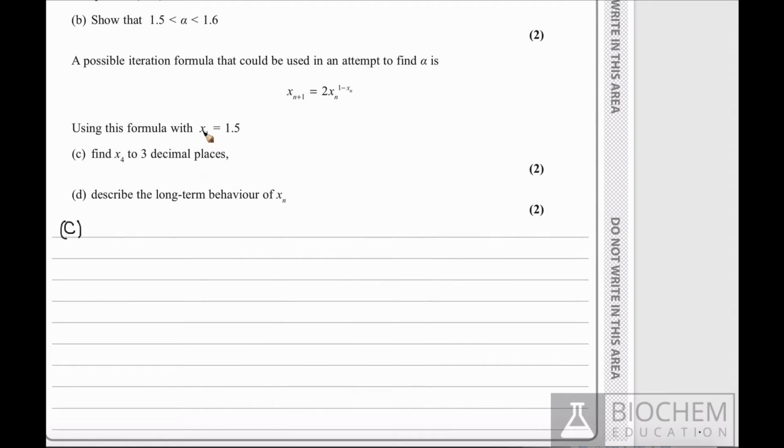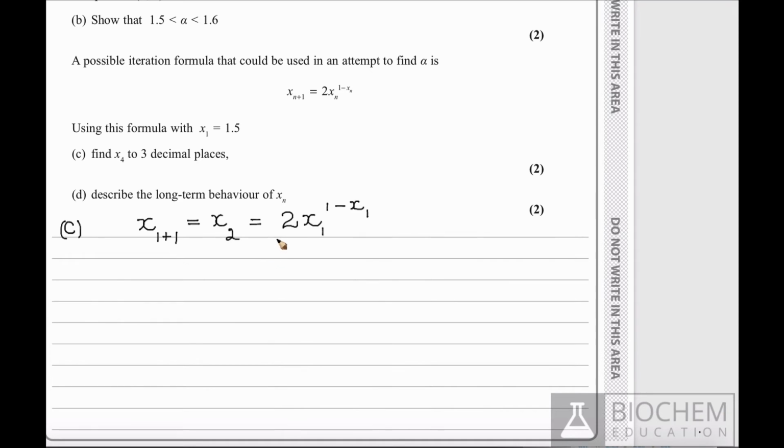So we can substitute x1, which equals 1.5, into this equation. We can write this as x1 plus 1, which equals x2, equals 2 x1 to the power of 1 minus x1.